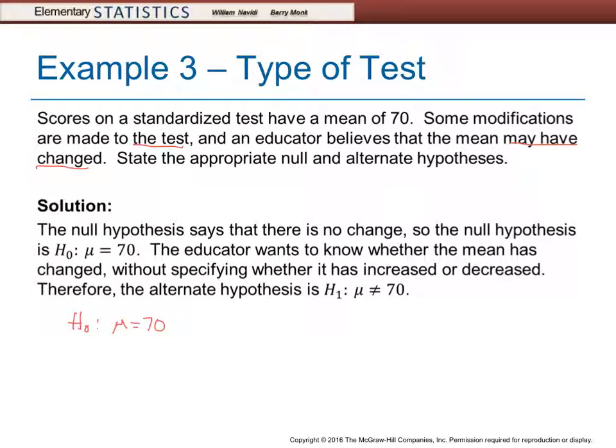That's our initial condition, which is our null hypothesis. And then we have the alternative hypothesis, which is that it may have changed. We don't know how it's changed, whether it's gone down or whether it's gone up, but it's different from 70. So there's our alternative hypothesis.